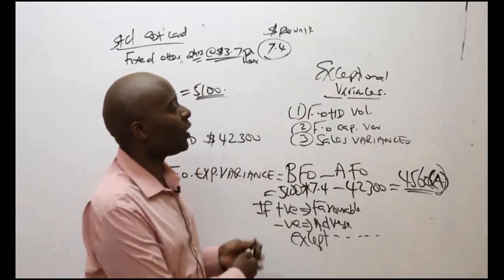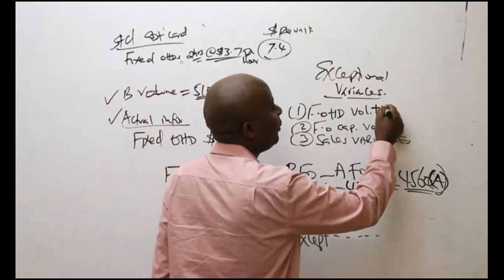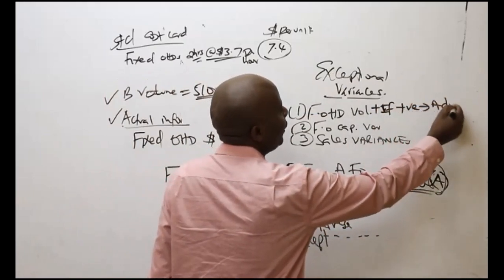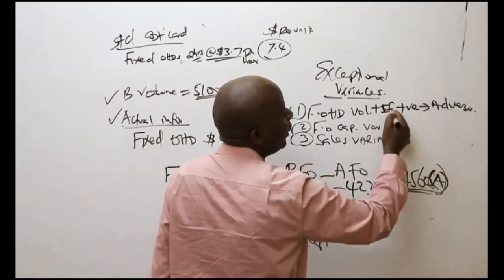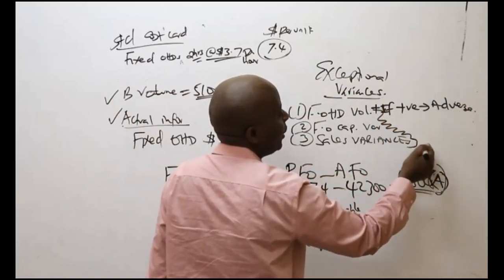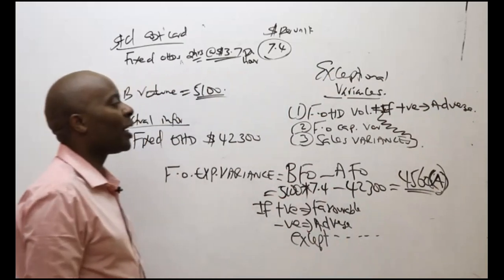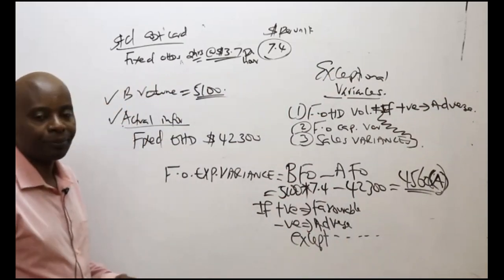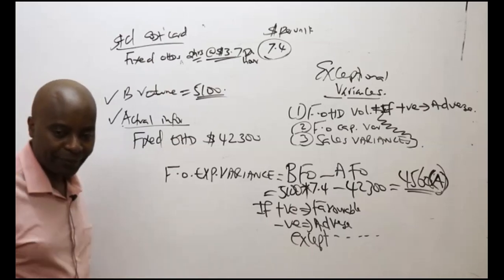So for fixed overhead volume, if positive, take it to be adverse. All the three actually. If they are positive, instead of impacting our profit positively, they will be disadvantaging us. Is that okay?